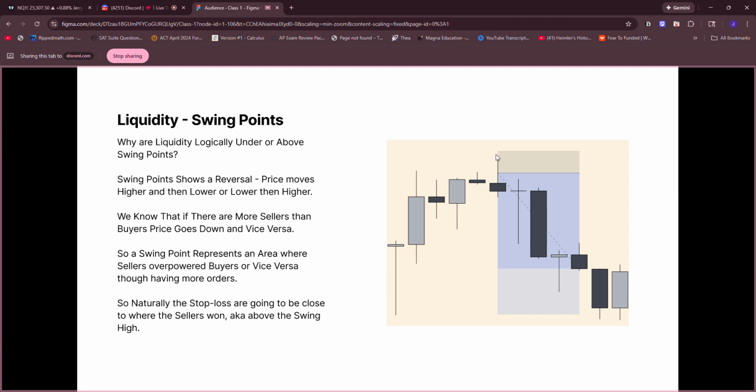And when they enter their positions, right, their stop losses are usually somewhere above the high, right? This is just classic trader psychology. We want a stop loss decently close to where we entered, and this is the reason why there's a bunch of liquidity up here, is because, well, there's clearly a reversal showing up here, but then there's going to be a bunch of stop losses up here.